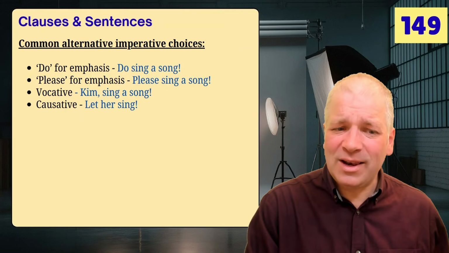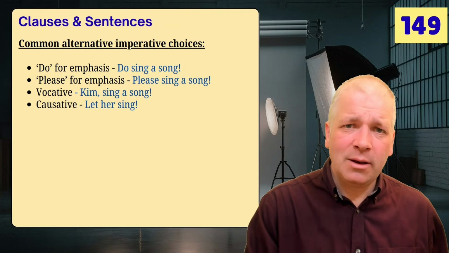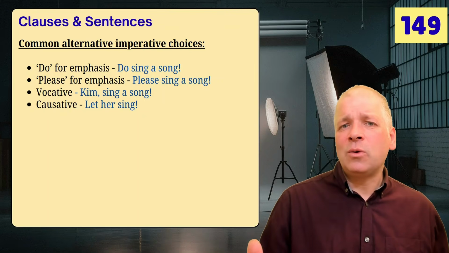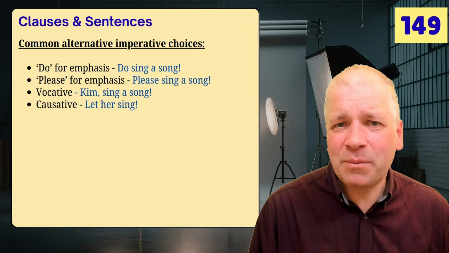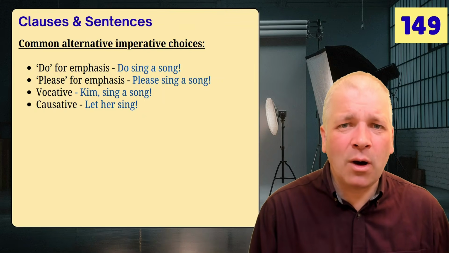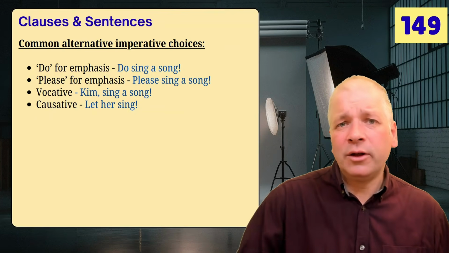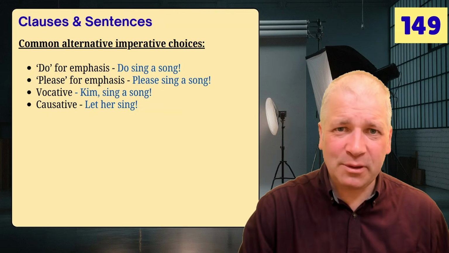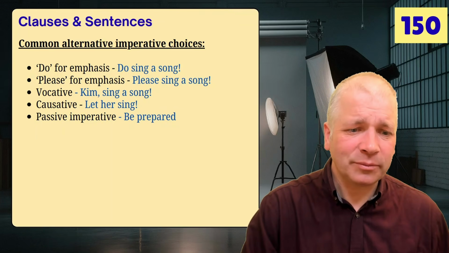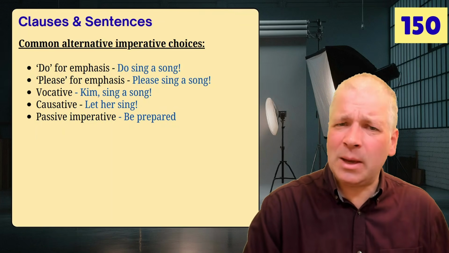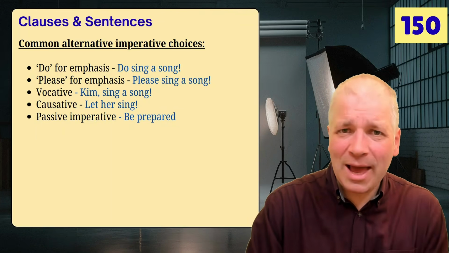Or the causative: let her sing. Let is where you are saying something is allowed to happen, or you're asking someone to cause something else to come about. We can use something called a passive imperative: be prepared.